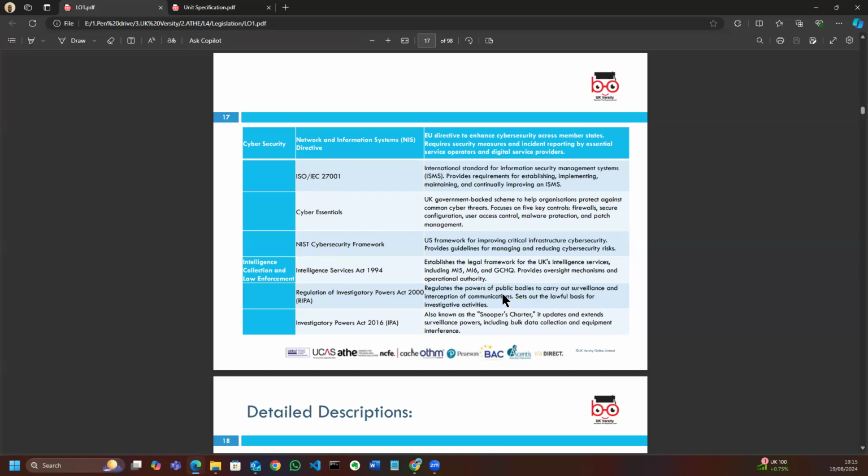Also, we have the Regulation of Investigatory Powers Act 2000 and the Investigatory Powers Act 2016, which regulate the power of public bodies to carry out surveillance and interception of communications, and set out the lawful basis for investigating activities.